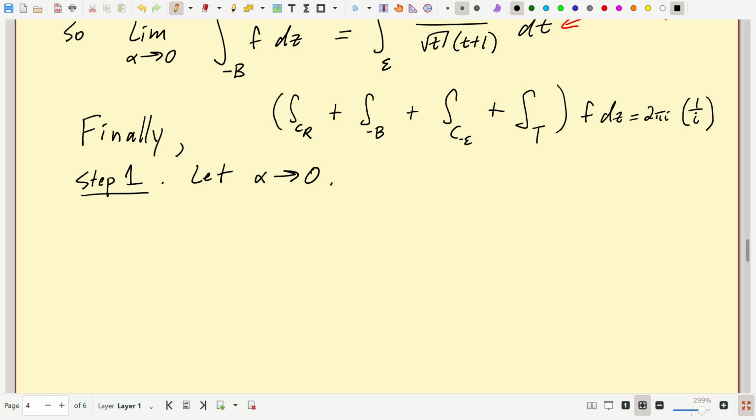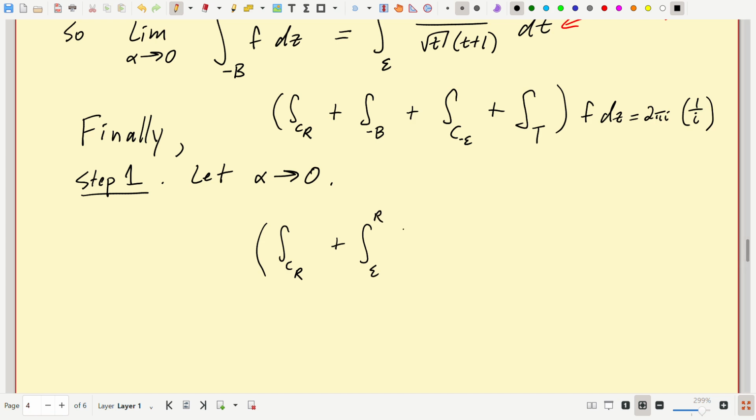So step 1, let epsilon go to 0, let alpha go to 0, then that's going to go to the integral along c sub r, and the bottom, remember, is going to go to the integral from epsilon to r.